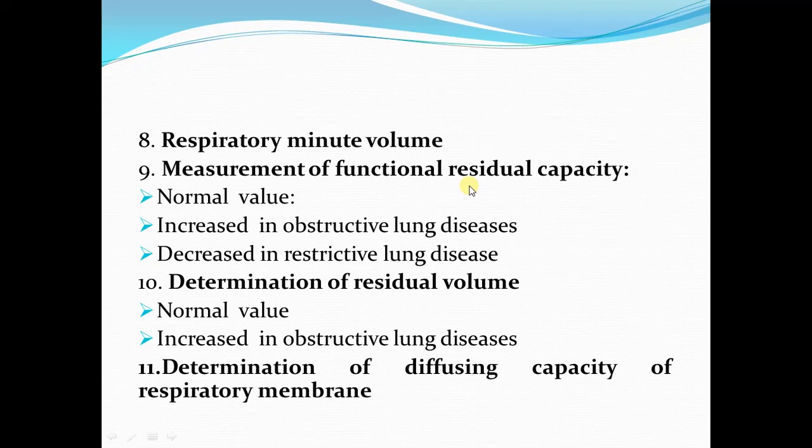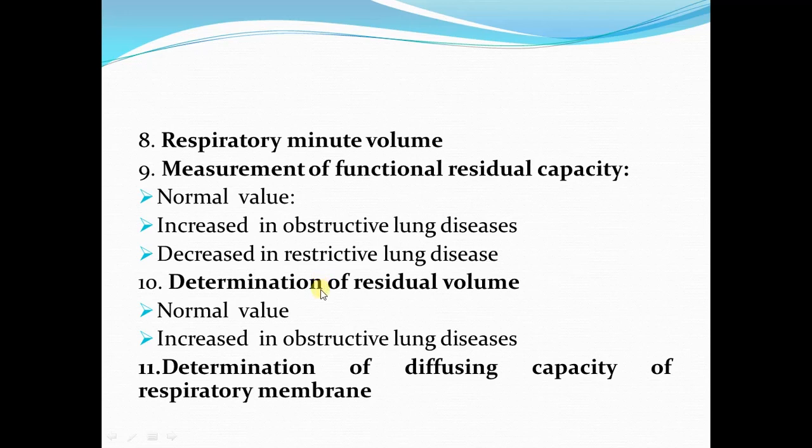In obstructive lung diseases, the value of functional residual capacity is increased. I have just explained the reason for the increase in the functional residual capacity and the residual volume. And in restrictive lung diseases, the functional residual capacity is decreased.